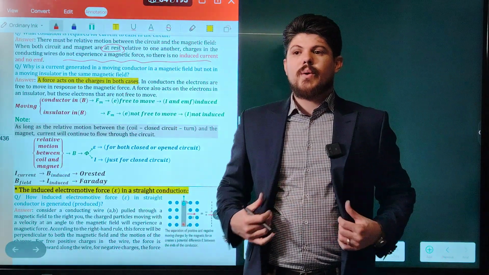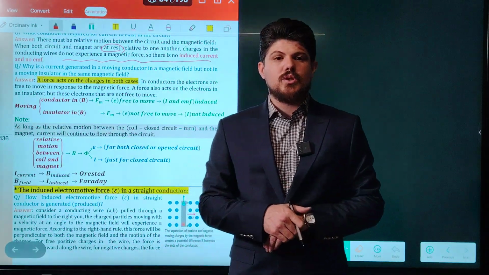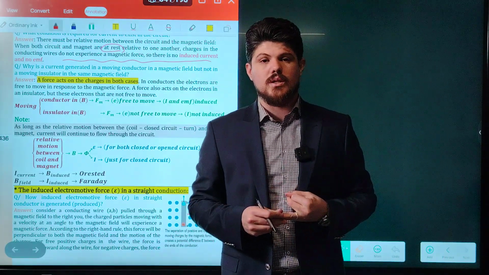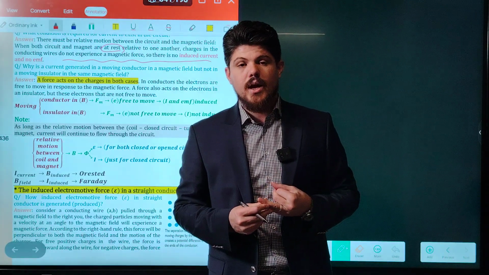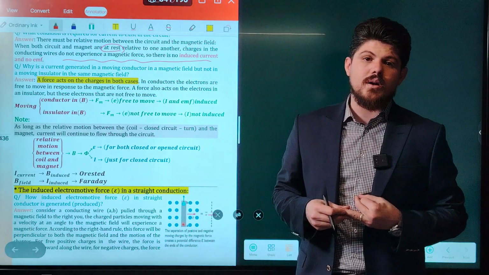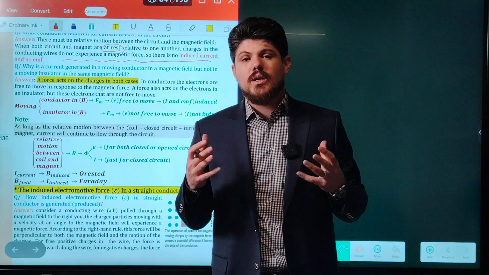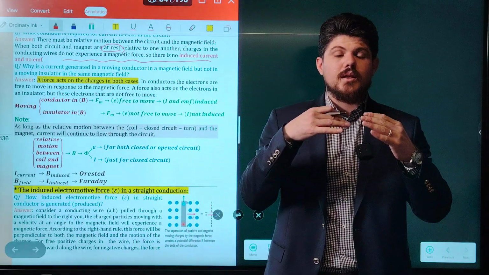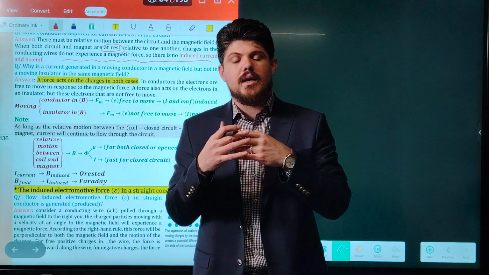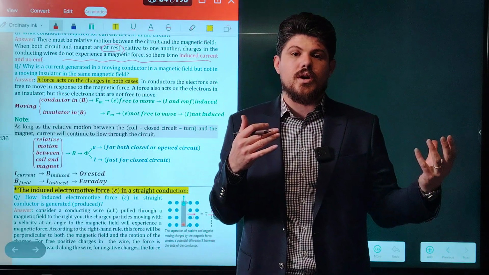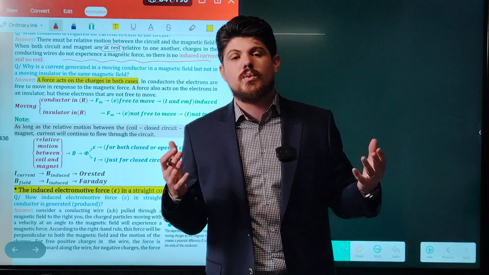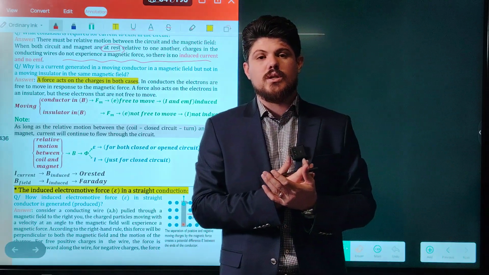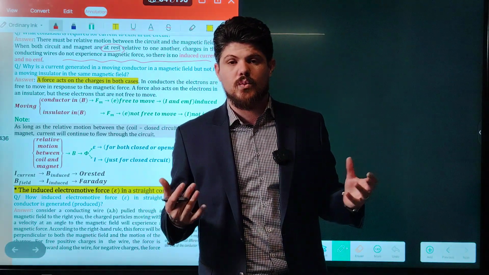Guys, be careful. We have many types of material, like conducting material, conducting wire, and insulator. We have conductor and insulator. In the conductor wire, electricity can flow, the current is produced. But in an insulator, there will be no current even in the presence of relative motion between the insulator and the magnetic field.